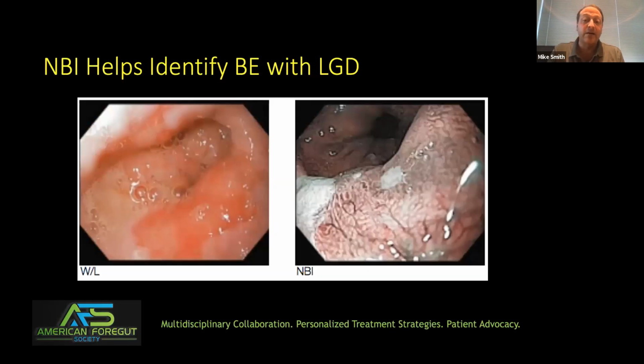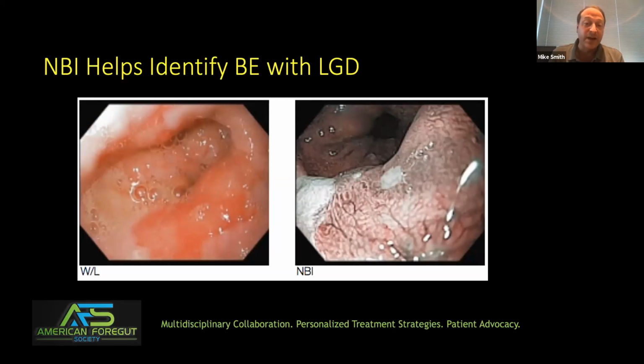Now, when you're thinking about identifying areas that have dysplastic disease, which is the focus of our talk tonight, you could see that the mucosal pattern as well as the vascular pattern in those capillaries can be very helpful. If you see areas of irregularity or a lack of homogeneity of the appearance of the area, that's going to lead you towards a higher index of suspicion that that area has dysplasia.